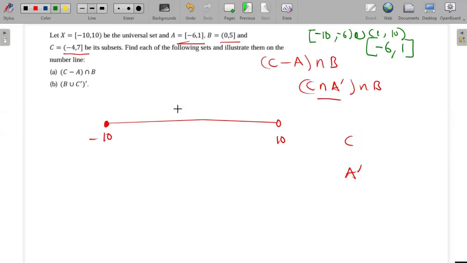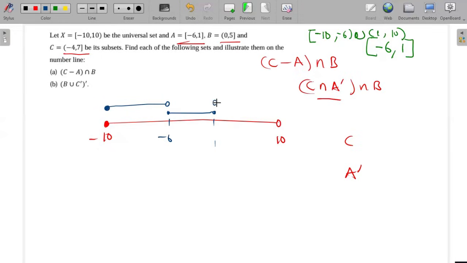So that will be your complement. In short, if I write it here, I have negative 6 there, and I have 1 there. So this here is my set A. The complement is going to be open there, and then it closes there, since negative 10 is in the universal set, so it can be part of the complement.